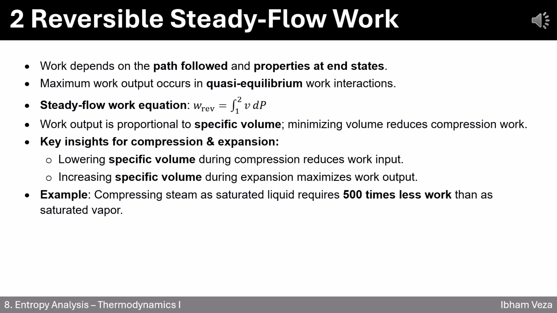In fact, compressing saturated liquid requires around 500 times less work compared to saturated vapor. This idea helps engineers save energy. We want to reduce specific volume when compressing and increase specific volume when expanding. It's a simple trick with a big payoff in real-world applications, from power plants to refrigeration systems.